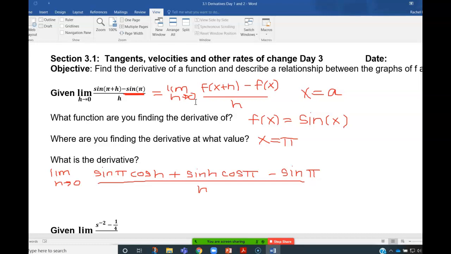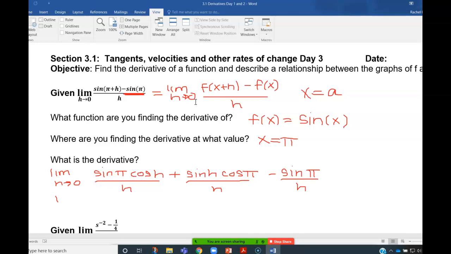We know that we can rewrite a limit so that the denominator, which is singular, is underneath each part of the limit separately. So this is really like the sine of pi cosine h over h plus sine of h cosine pi over h minus sine pi over h. And we know that addition and multiplication are commutative.